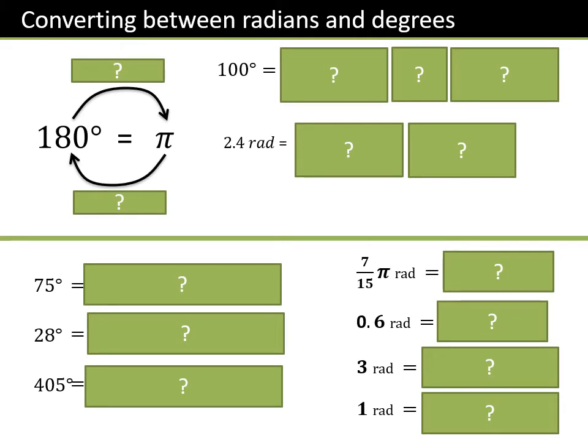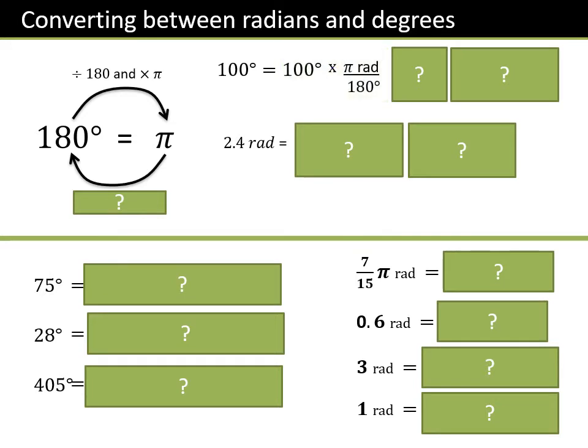Where we don't have some nice easy numbers to work with, for example 100 degrees or 2.4 radians, we can just use our standard approach to converting units. To move from degrees to radians, I divide by 180 and I times by pi. So for example, 100 degrees, I like to use the unit conversion method.